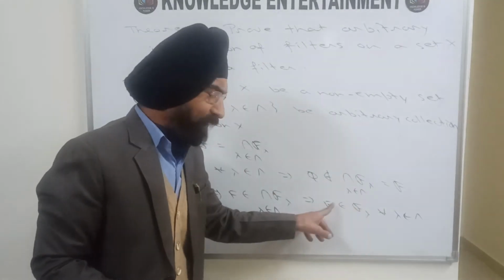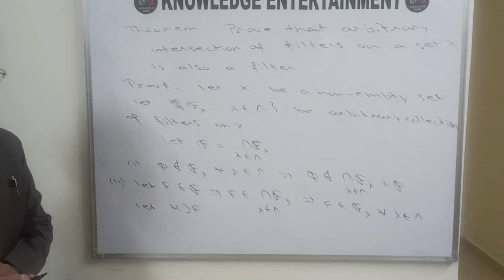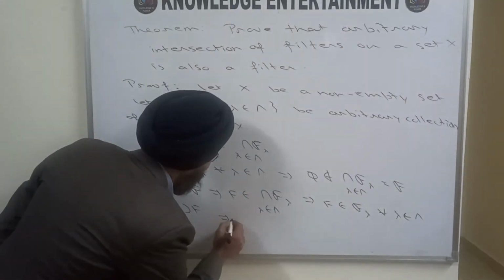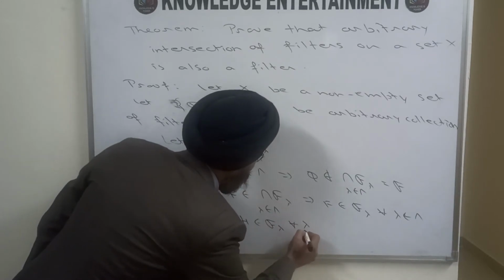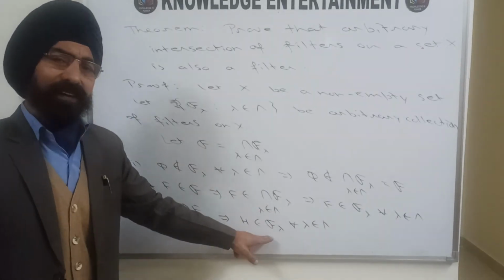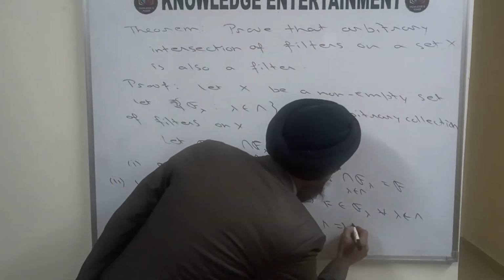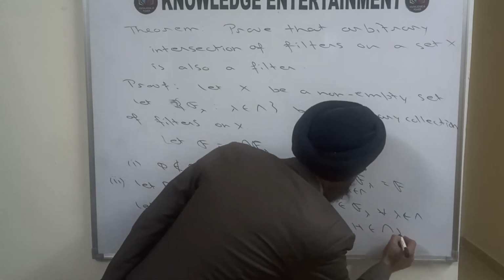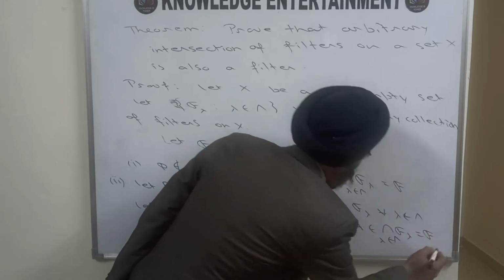In a filter, if F is there, then its superset H must also be there by definition of filter. So this means H belongs to F_λ for every λ belonging to that particular family. And since H is in every F_λ, H must also be there in the intersection. So that means H belongs to the intersection of F_λ for that particular family, and this is your F.